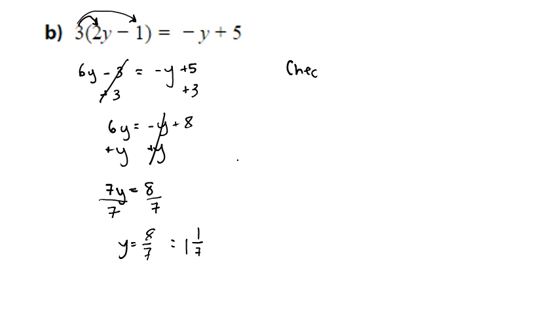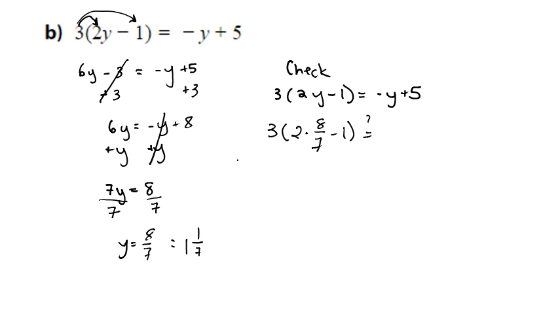Then I need to check my answer and see if it's correct. So is 3 times 2y minus 1 equal to negative y plus 5 if we say y is equal to 8 over 7? My first step here is to look inside my brackets and do order of operations inside there.